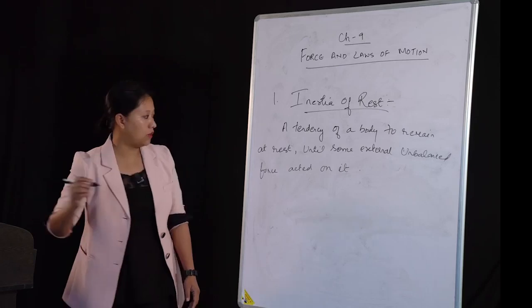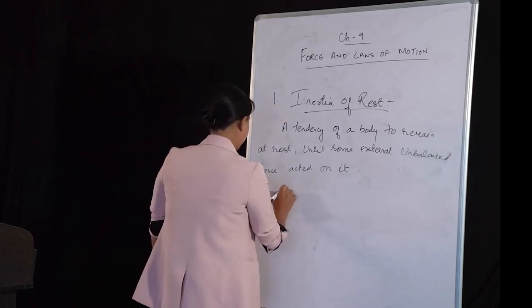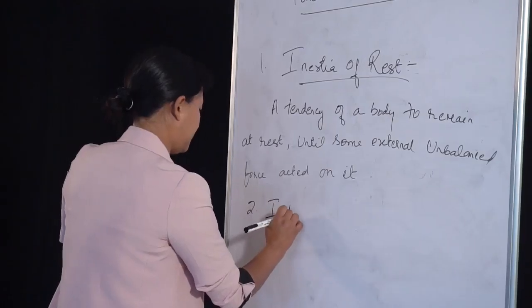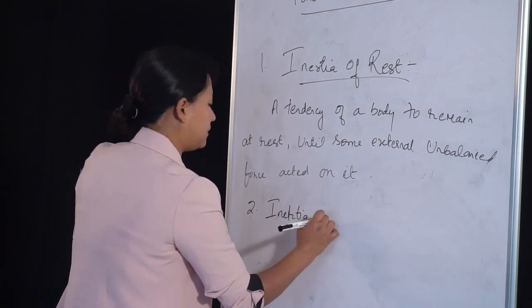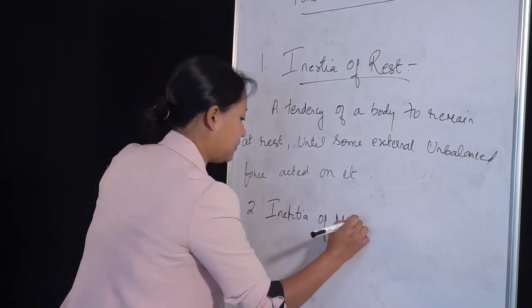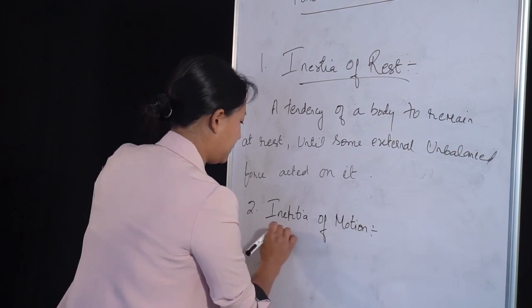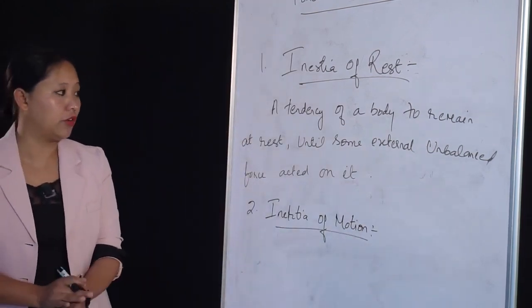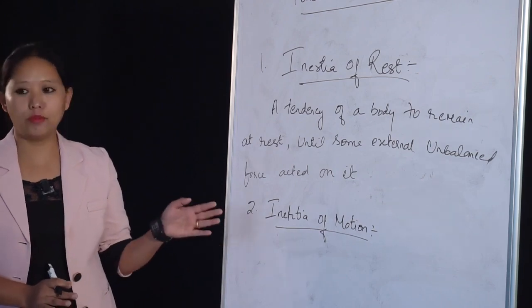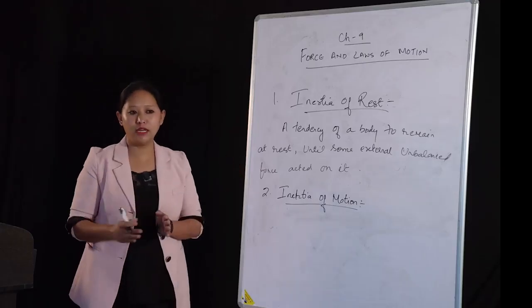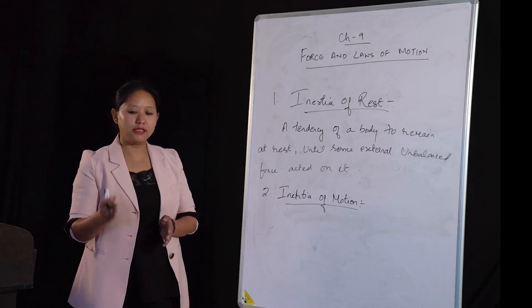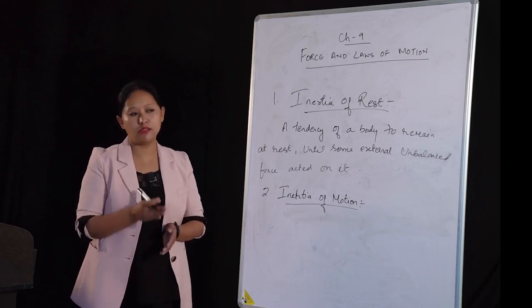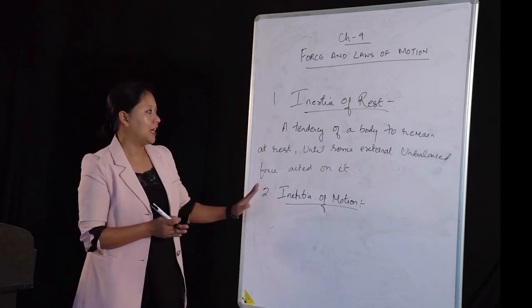And the second one is inertia of motion. So what is inertia of motion? It is the tendency of a body to continue to be in motion until some external unbalanced force acts on it.